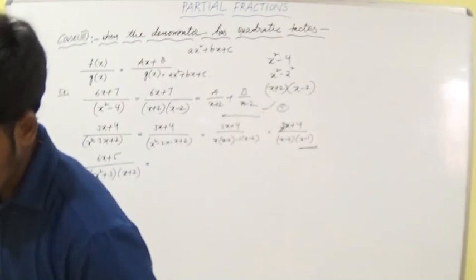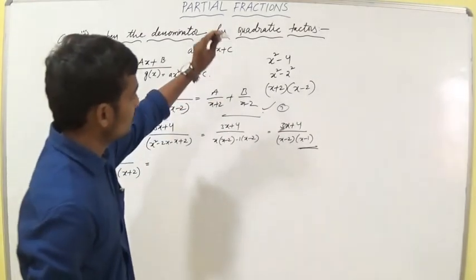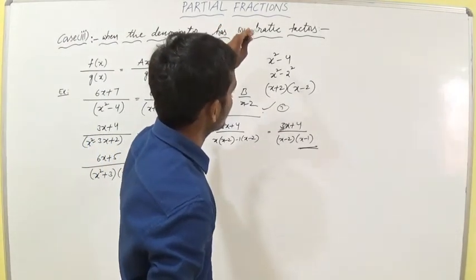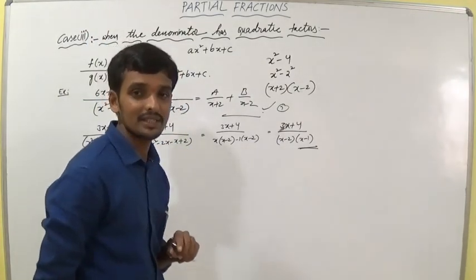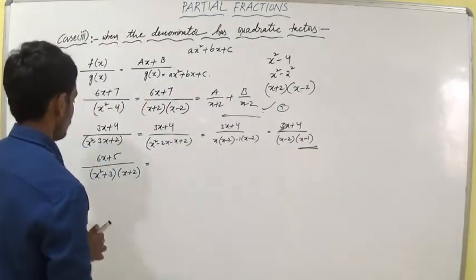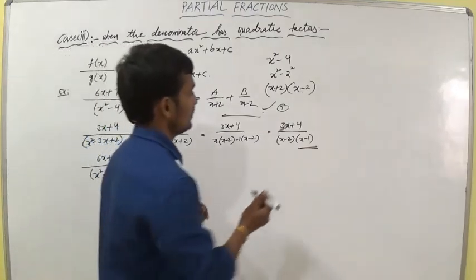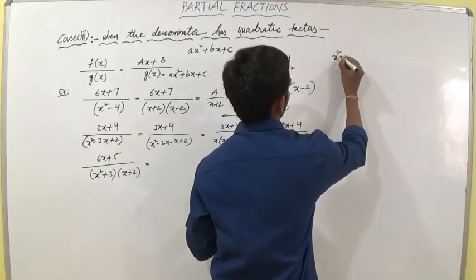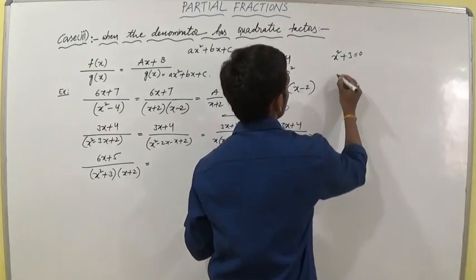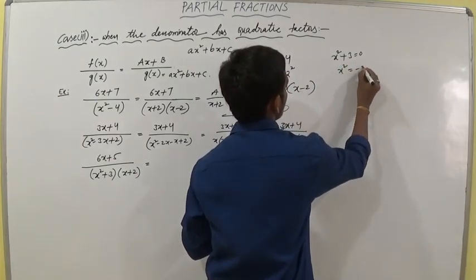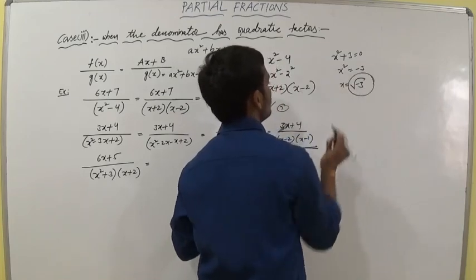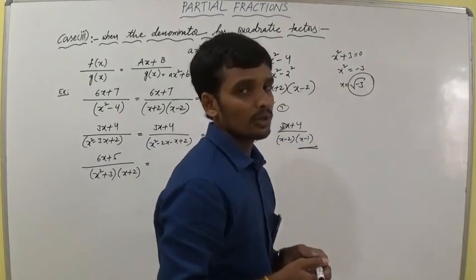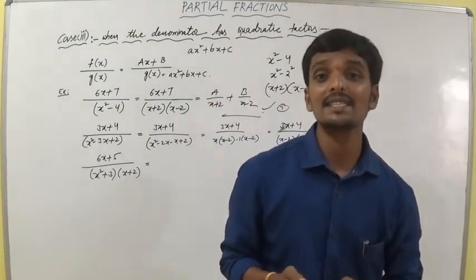In this case we are using the quadratic factor form. Here x² + 3 = 0, then x² = −3, x = √−3. This is a root of a negative term. Roots of negative terms are imaginary numbers.